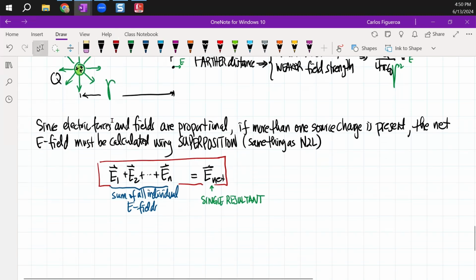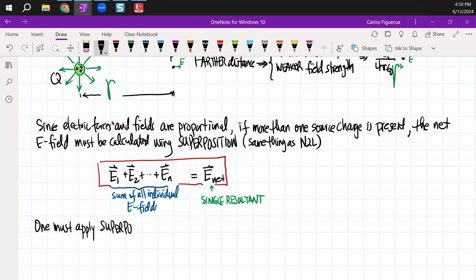So what this implies is that one must apply superposition when several charges are acting.